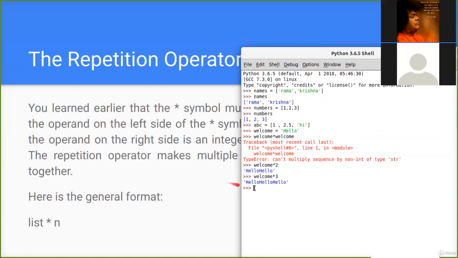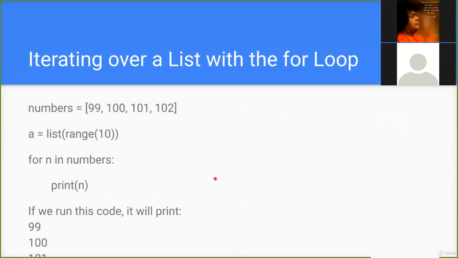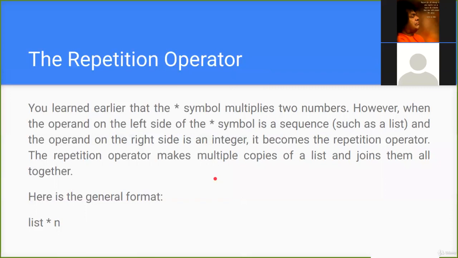So we can perform the multiplication operation not only upon integers, floating point numbers, and strings, but also upon a list.